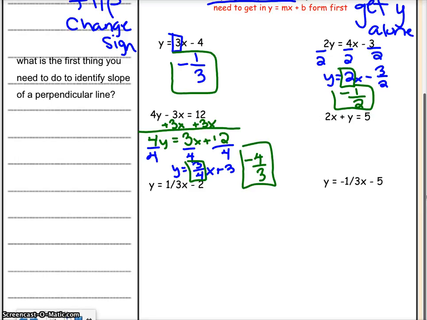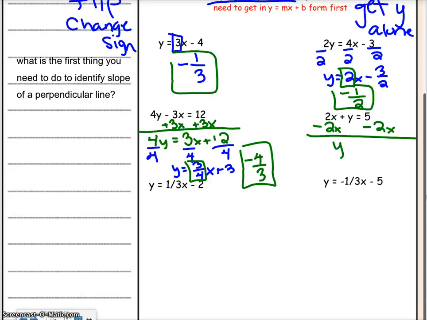Now, can I do the slope right now? Yes or no? No, y is not alone. You can't do it. So I need to move that 2x.